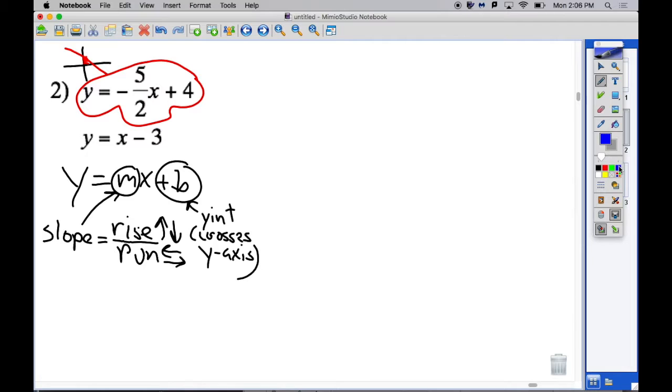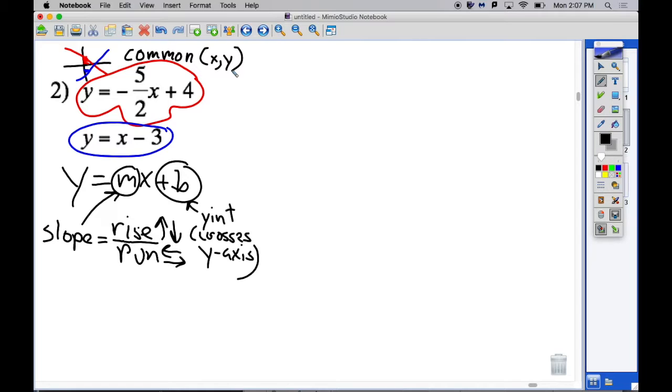The second equation, if I graph that, it's going to cross the y-axis at negative 3, and it has a positive slope. So somewhere where the two cross is the solution for these two equations, where they have what we call a common point, in other words, they're going to share the exact same x and y. Okay?